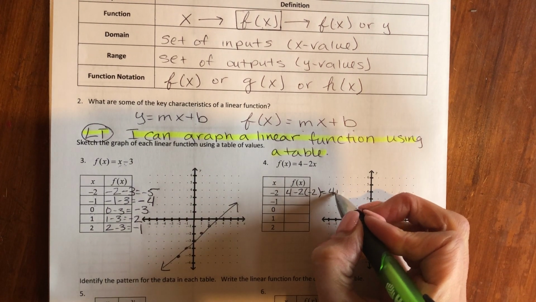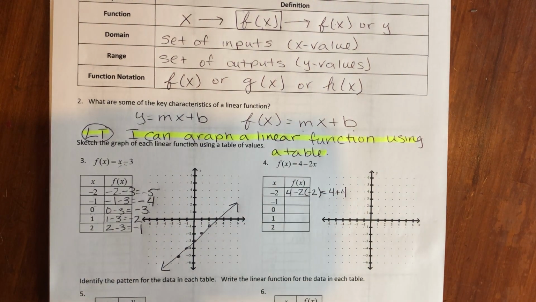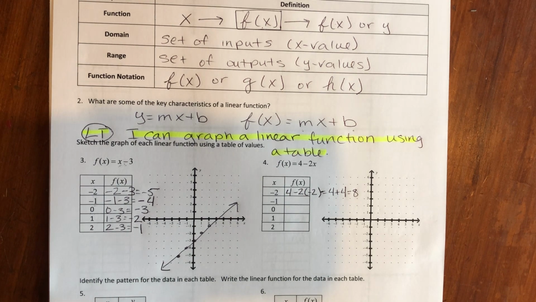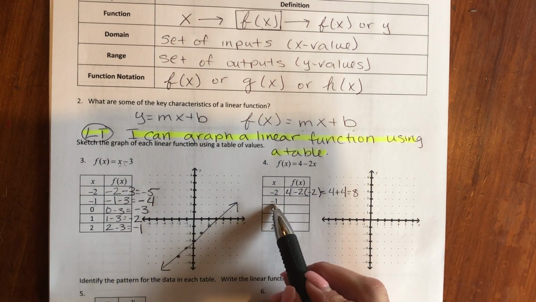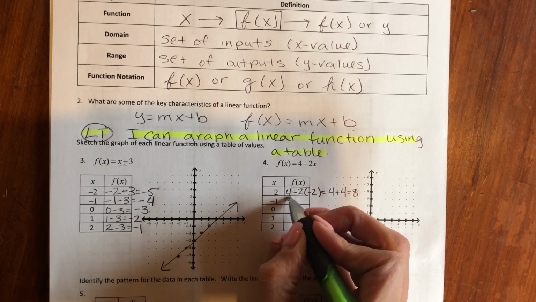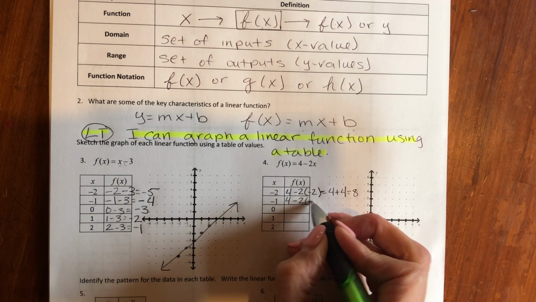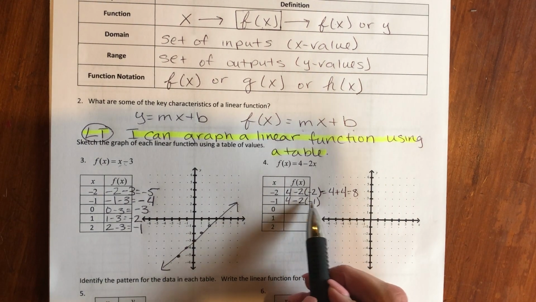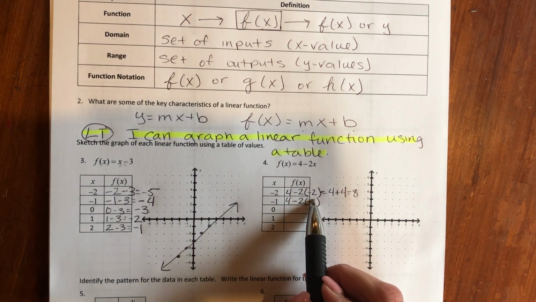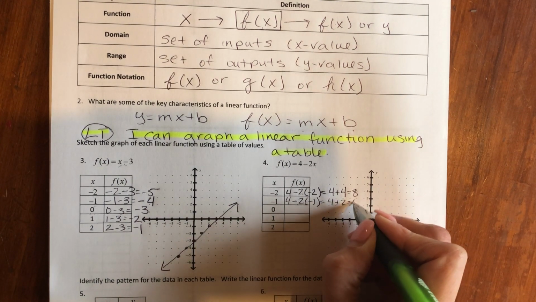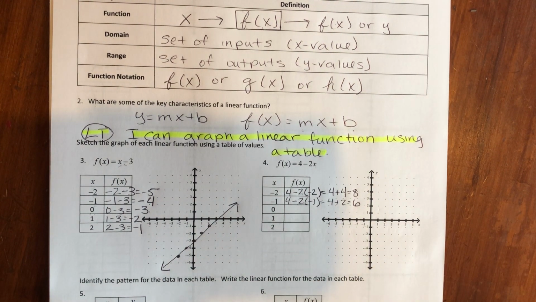So that becomes 4 plus 4, which is 8. So my first y value is 8. Now I'm going to plug in -1. 4 minus 2 times -1. Remember, multiplication comes first. -2 times -1 is +2. So that's 4 plus 2, which is 6.